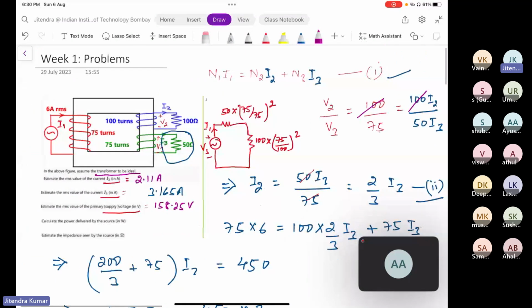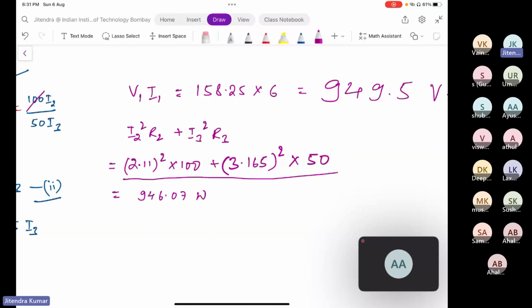And 2.11 square into 100, so it is 445.21, plus 3.165 square into 50. So it is 500.86.